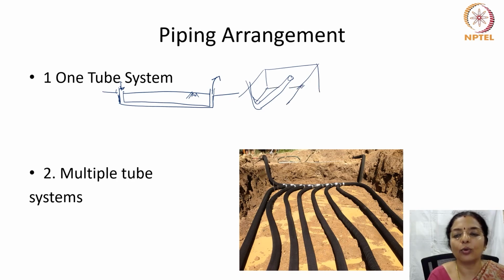And you also have multi-tube systems in which you have more than one pipe flowing through the earth. These are embedded in the earth, and it can have multiple inlets and multiple outlets also.